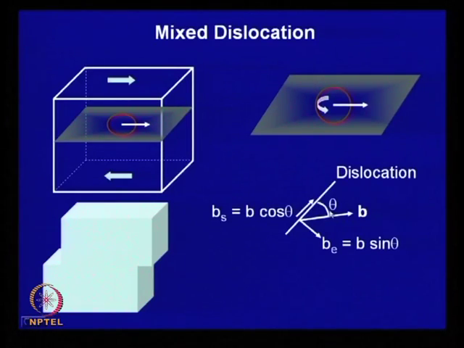If it subtends an angle theta, the component b cos theta is the screw component of the dislocation. This is the Burgers vector for screw, this is the Burgers vector for an edge dislocation.